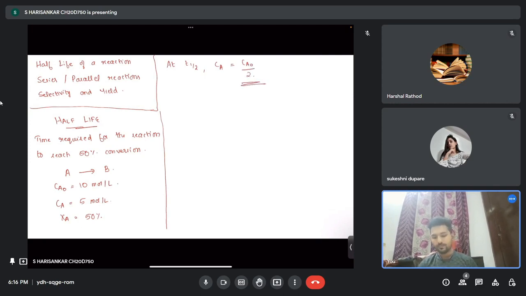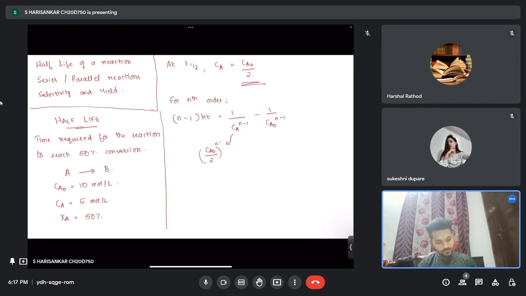And we can apply this in our general equation. So let's say for nth order, we have the equation (n minus 1) kt is equal to 1 by Ca raised to n minus 1 minus 1 by Ca0 raised to n minus 1. What we can do is substitute Ca as Ca0 by 2, the whole raised to n minus 1, and do a bit of rearrangement to get an equation for T half.